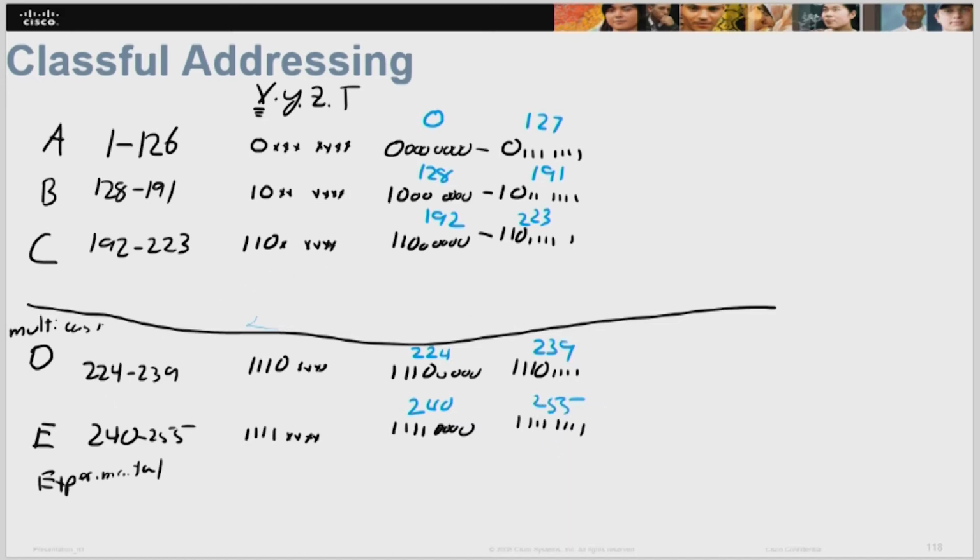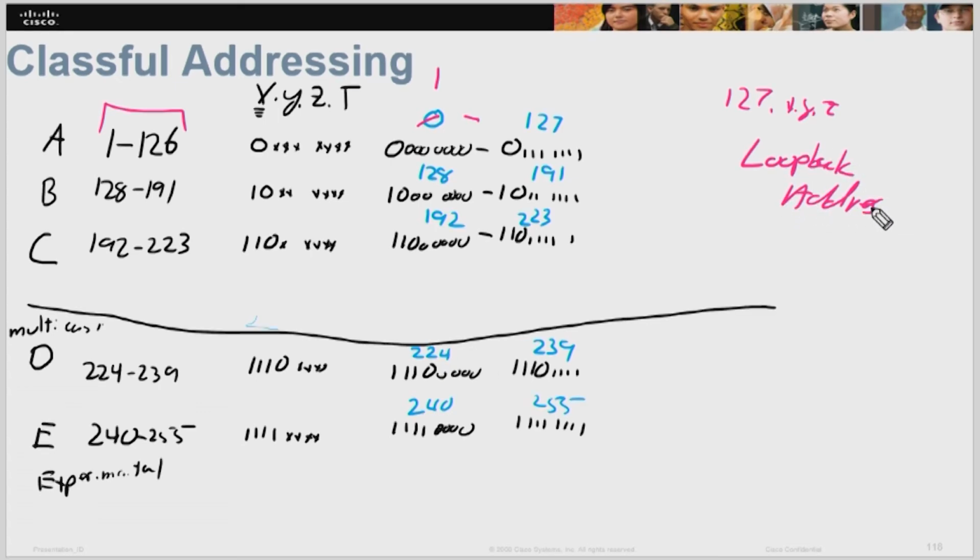Now, here's the range that I specified for A, 1 to 126, but it looks like it's 0 to 127. That's because we reserved 0. The people who put this together said we can't use 0 here, so it actually starts at 1. And then they reserved 127 for loopback. So 127 dot whatever, x dot y dot z is reserved. Wow, I wrote 120, it's 127. It's gonna be one of those mornings, isn't it? 127 dot whatever, this is the loopback address.